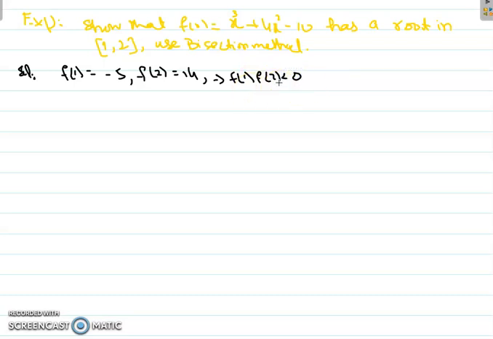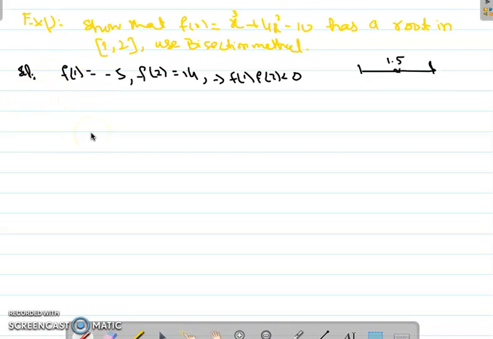So when this condition is satisfied, it means that this function has some root in the interval [1, 2]. And for the first iteration, we will find the middle point of 1 and 2, which is 1.5, and we will proceed with the bisection method.